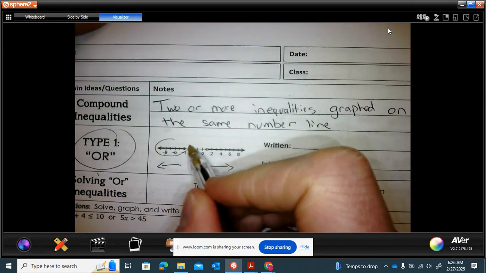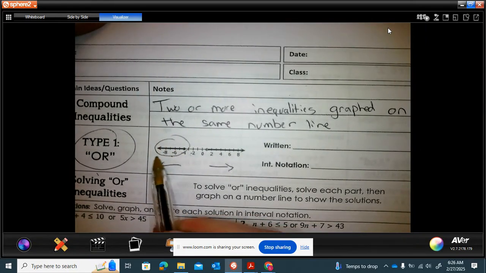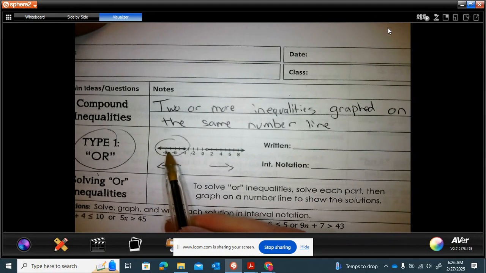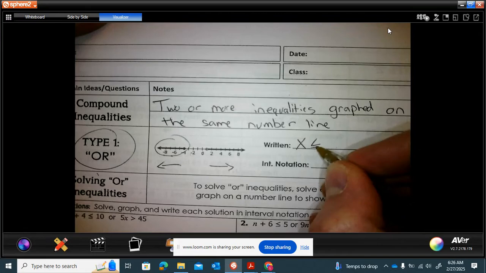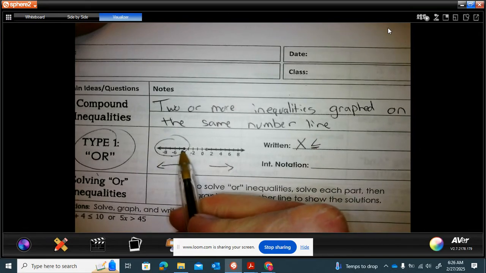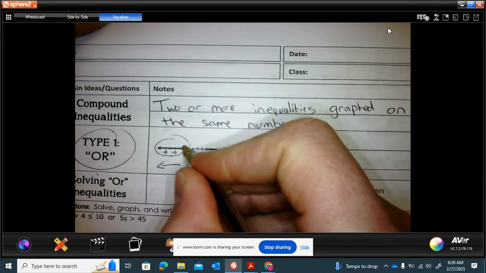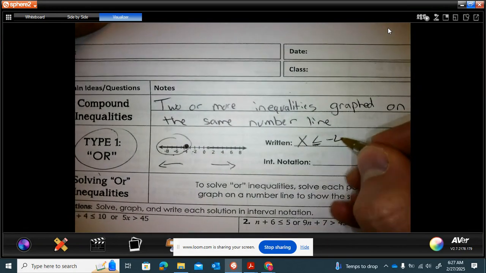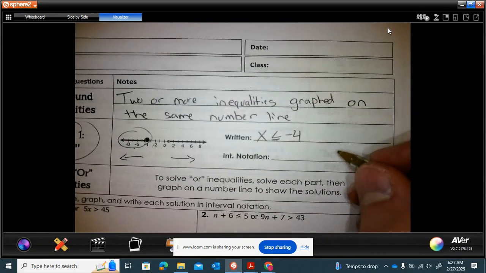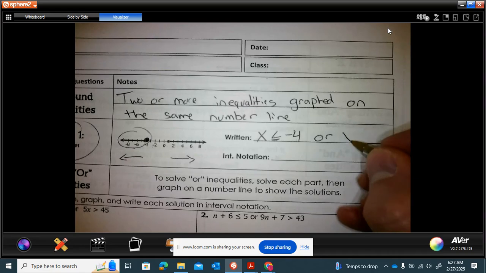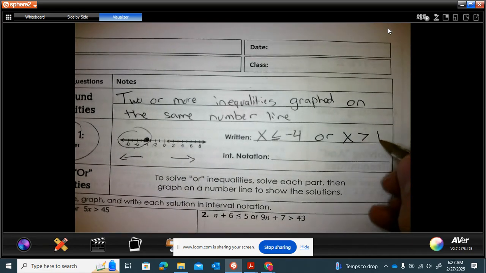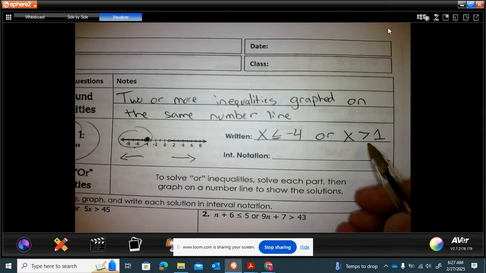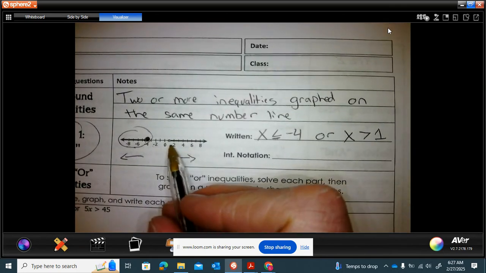You basically just write the first inequality, because it's going to the left. This would be x is less than, and this one can also equal because it's a closed circle over -4. So this is x is less than or equal to -4, or x is greater than +1. And +1 does not have a line underneath because, if you could see, it's an open circle.